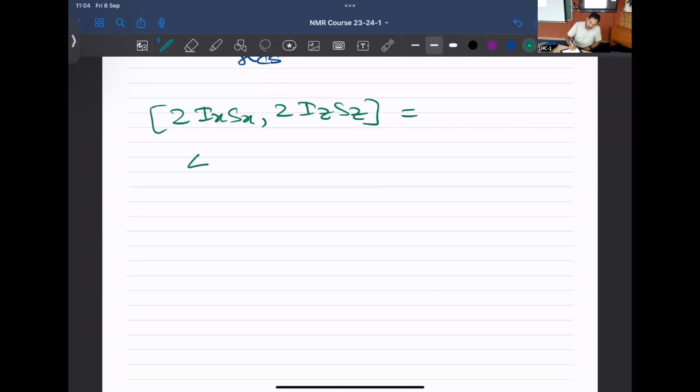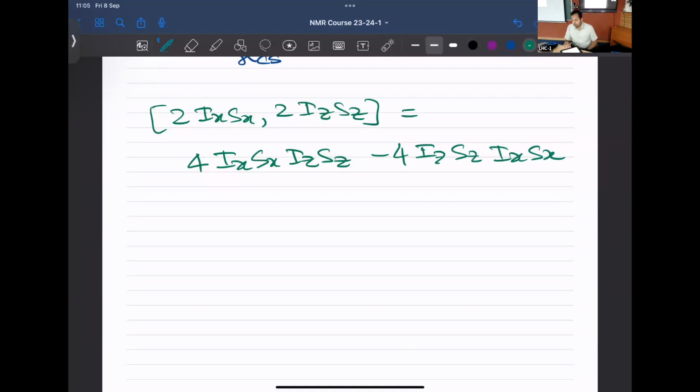Let's go stepwise. You're going to have, let's say, 4IxSx IzSz minus 4IzSz IxSx. So what is allowed here? What can we do as one more step? I recalled another formula, the commutator of AB with CD equal to?